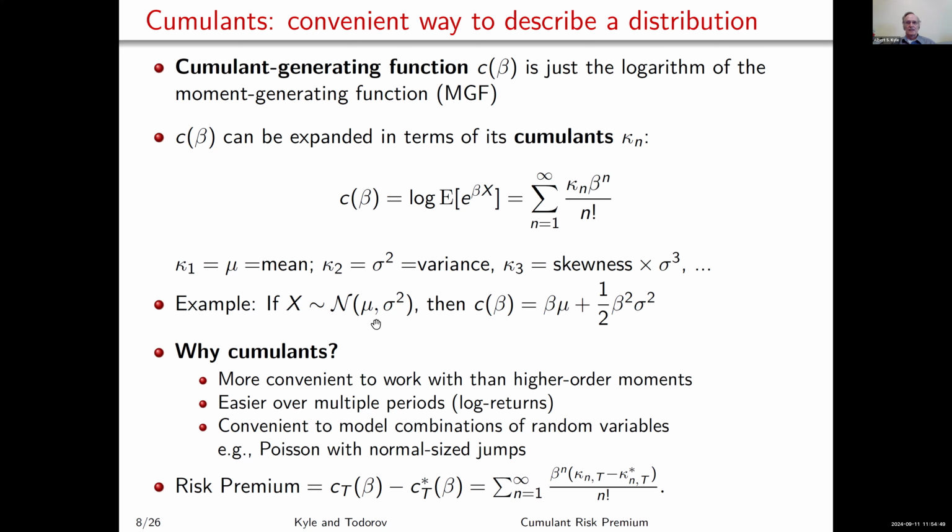That corresponds financially to the case where the returns of the unlevered asset are log normal. And that's a good benchmark case that we use in finance quite a bit. In the case where the log returns of the underlying random variable are normally distributed, the cumulant generating function only has 2 terms. So there are no higher order cumulants.